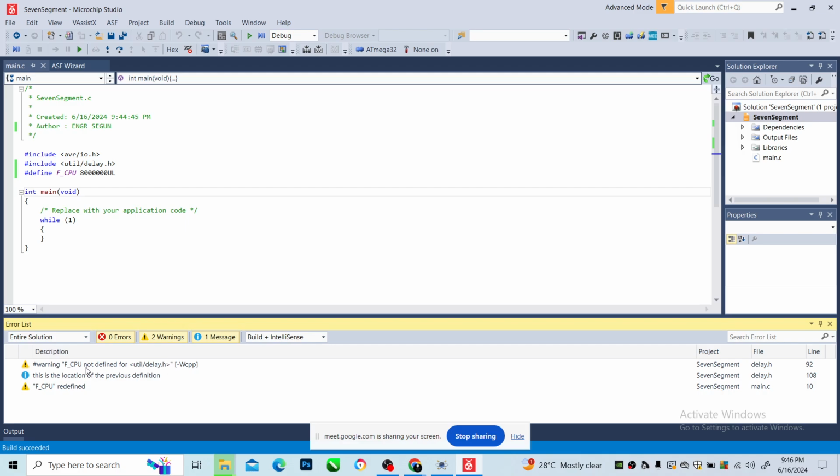It gave a warning and said F_CPU, that is the operating frequency for the CPU, is not defined, and this particular header file needs it, and it said it will redefine it. Can you see the warning? It wasn't actually an error, it was a warning. So I want to explain why we have this warning and what to be done to fix it.